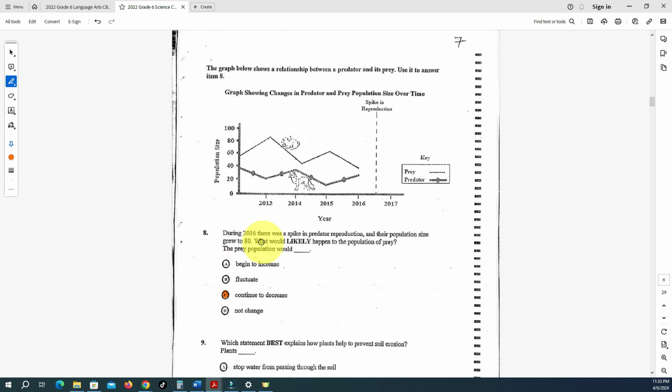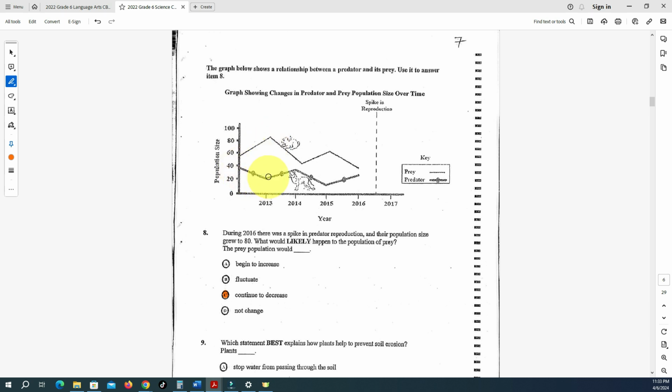So it says during 2016, I'm sorry, there was a spike in predator reproduction, and their population size grew to 80. What would likely happen to the population of prey? If you pay keen attention here, you realize that each time the population of the predator goes down, the population of the prey goes up.